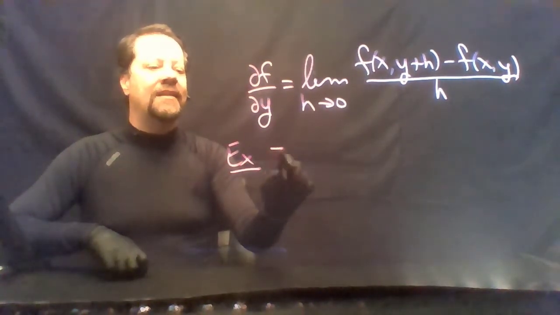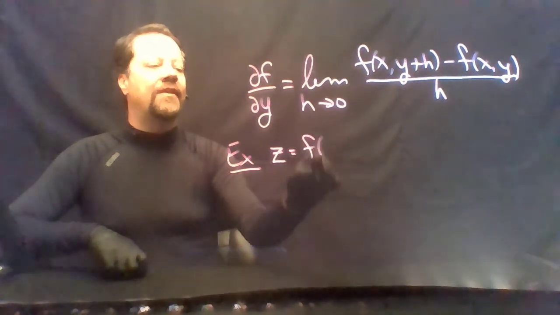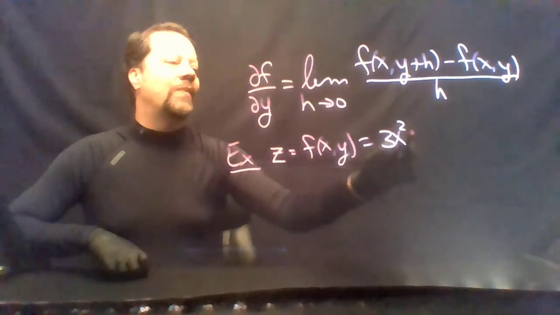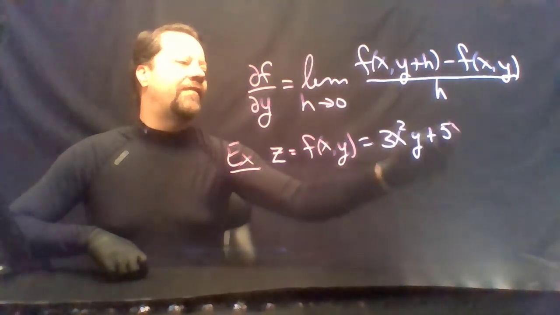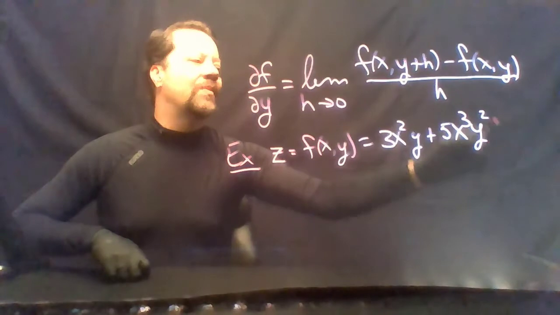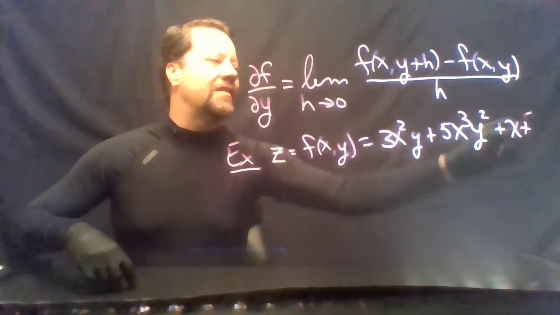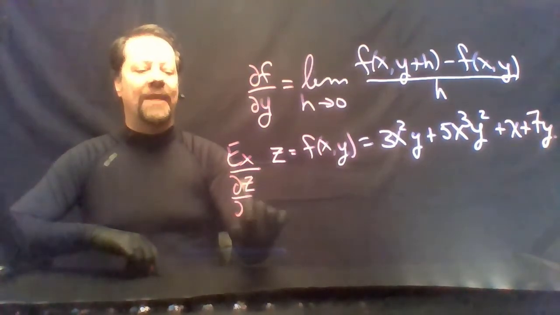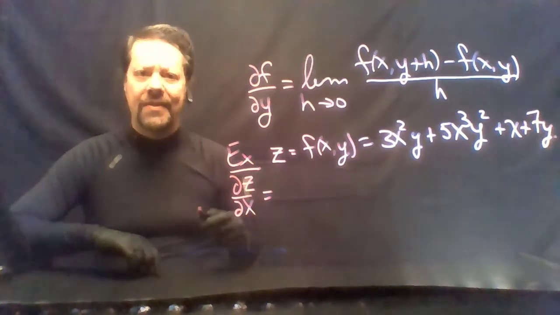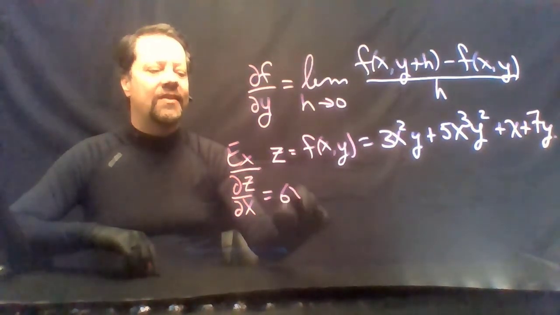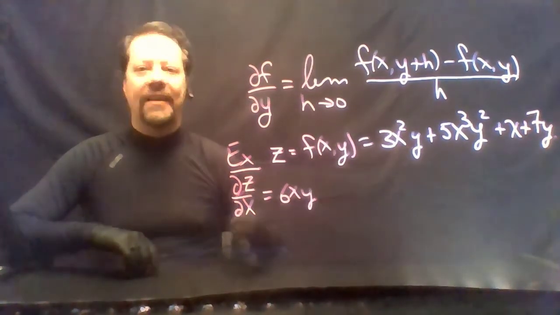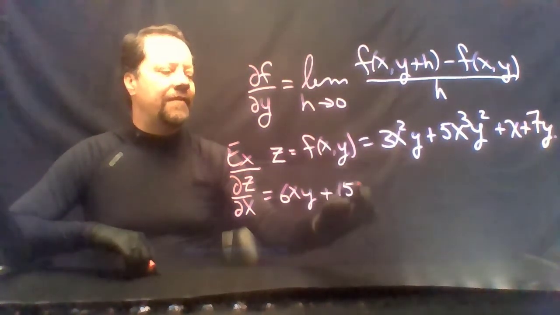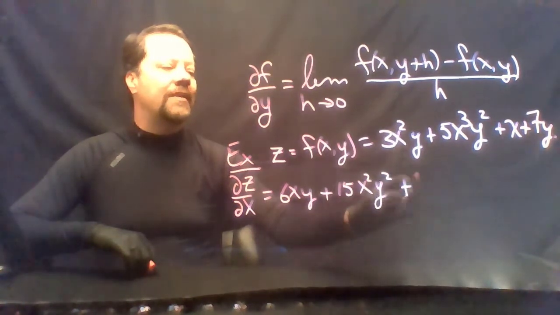Let's suppose that z is the function, let's say 3x squared y plus 5x cubed y squared plus x plus 7y. When we take the derivative with respect to x, we treat y as though it's constant. So we get 6xy. Y is coming along just like constant factors do. Plus 15x squared y squared plus 1.